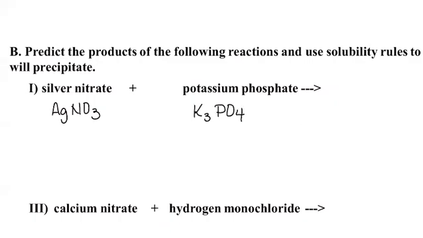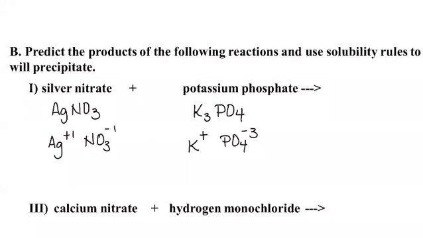K3PO4. In order to predict the products for this, we need to break each of these ionic compounds into ions. Ag is +1, NO3 is -1. Okay, so potassium is +1, phosphate is -3. Okay, put a 1 in the chat if so far it makes sense what we have done. I want to make sure that people follow this.